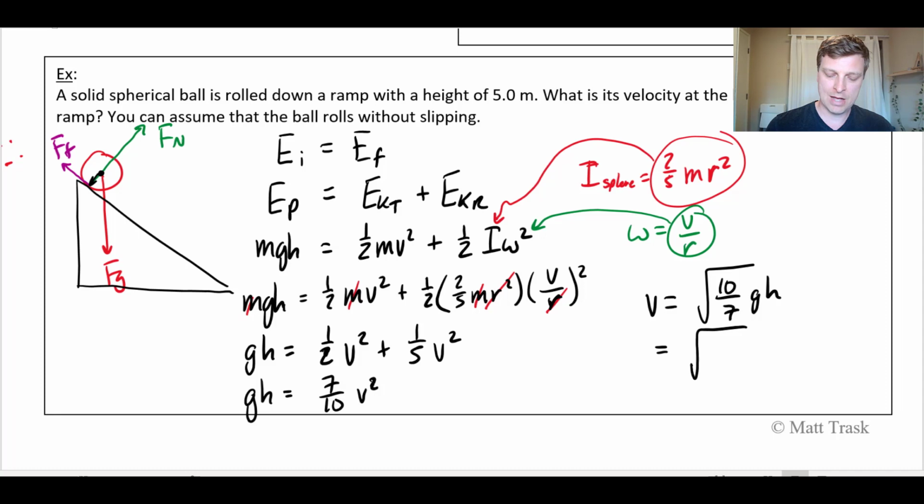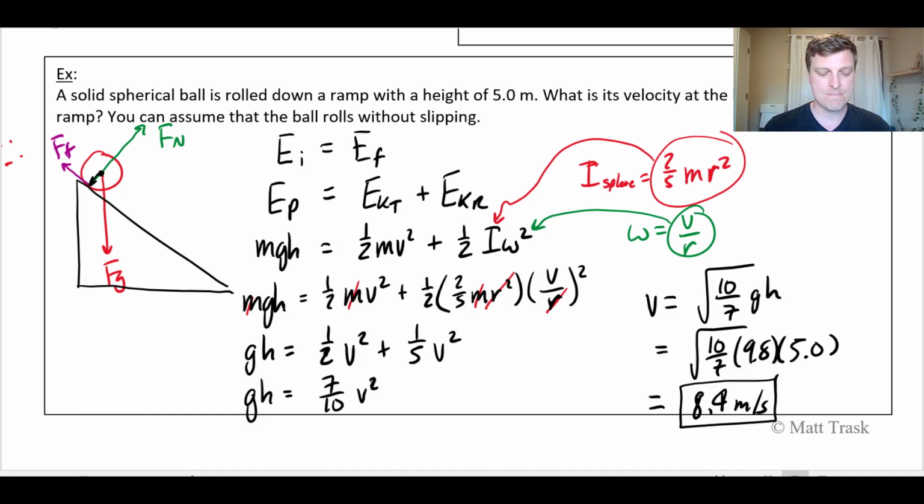And plugging in my values, I get 10/7 times 9.8 times the height of the ramp, which was 5 meters. And solving that, I end up with a speed of about 8.4 meters per second. Okay, awesome. Now, that is it for rotational momentum and energy.